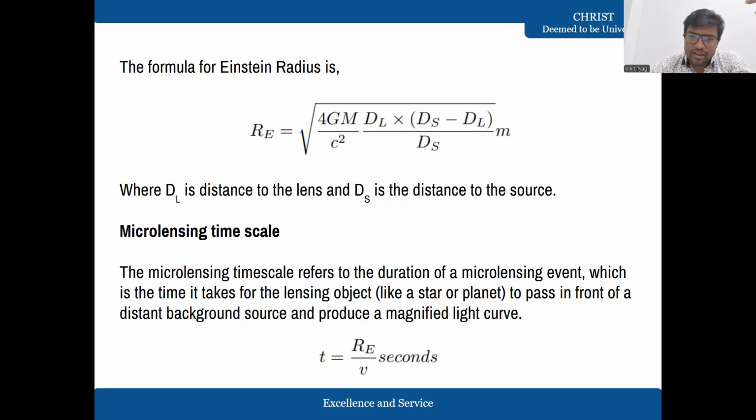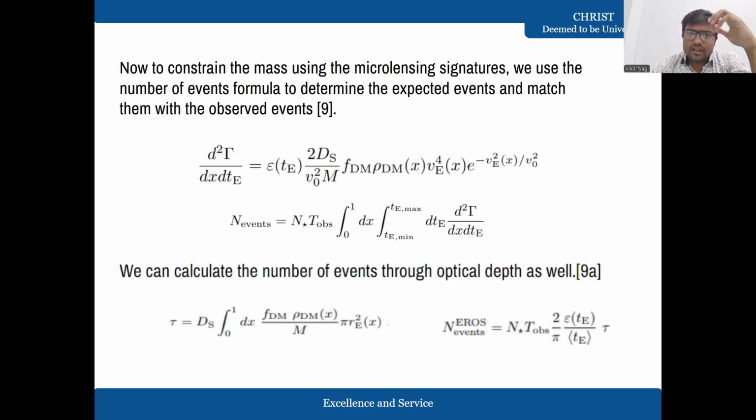We also calculate the microlensing time scale. It tells you for how much time the microlensing event takes place. Basically, it tells you for what time the dark matter object goes in front of the LMC. Here we make use of the event rate equation. Epsilon of t tells you the efficiency. ds tells you the source distance, as I already told.